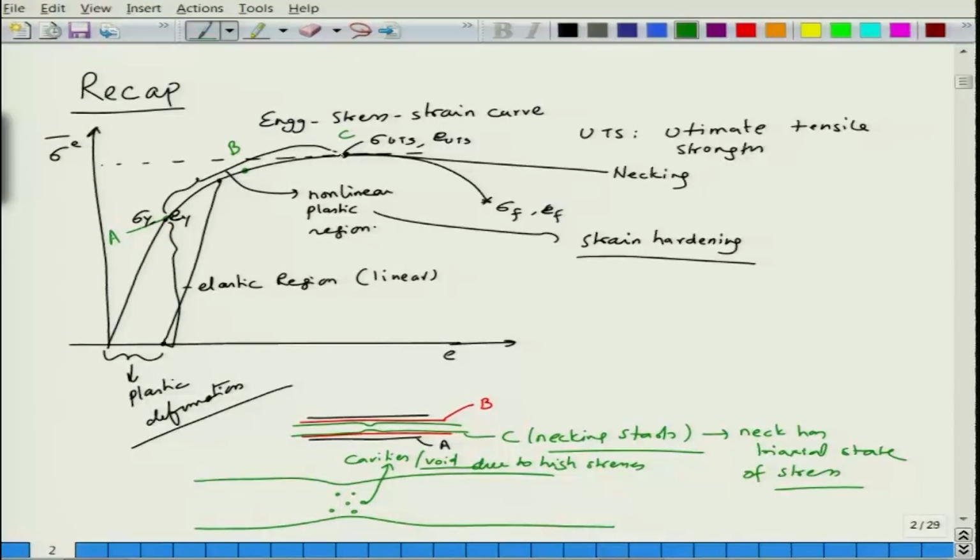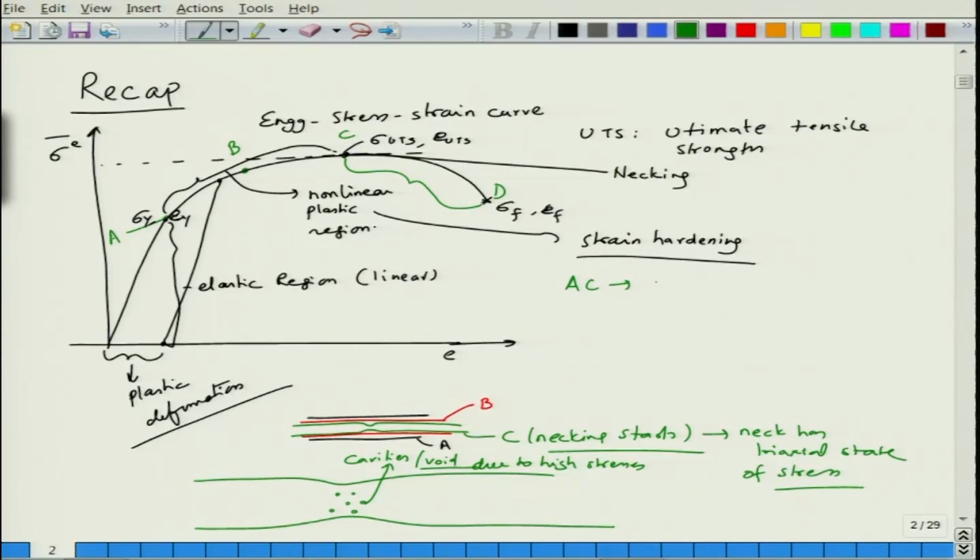So, in the region A to C, the strain hardening dominates over decrease in load due to reduction in area, and in the region CD the decrease in the load due to reduction in area due to necking dominates over strain hardening. So, there are two competing mechanisms which determine what will be the load at a particular point.